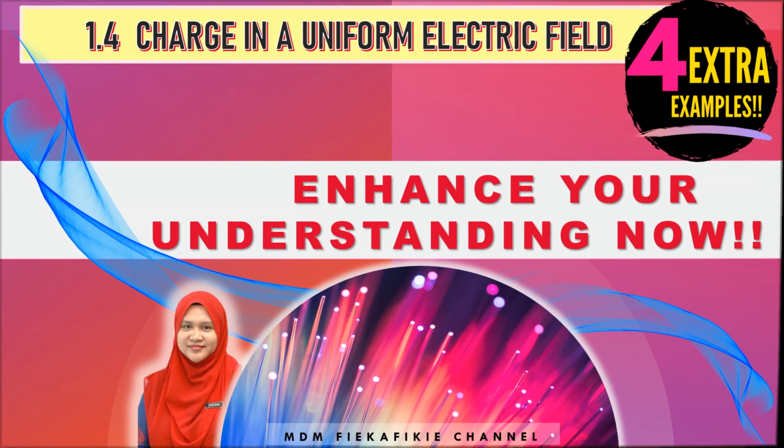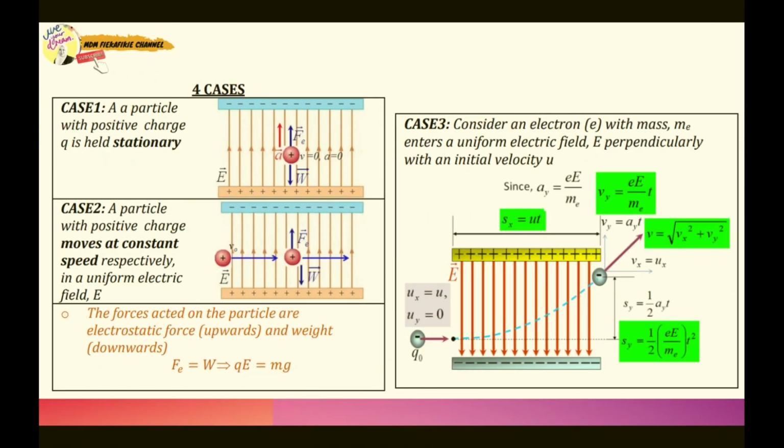So let's get started. Before we discuss the examples, let's recall the cases of charge in a uniform electric field. When we have 2 plates, positive and negative, the electric field between the plates is a uniform electric field.